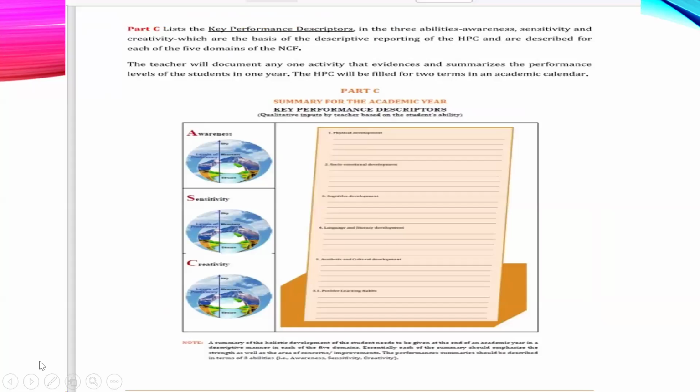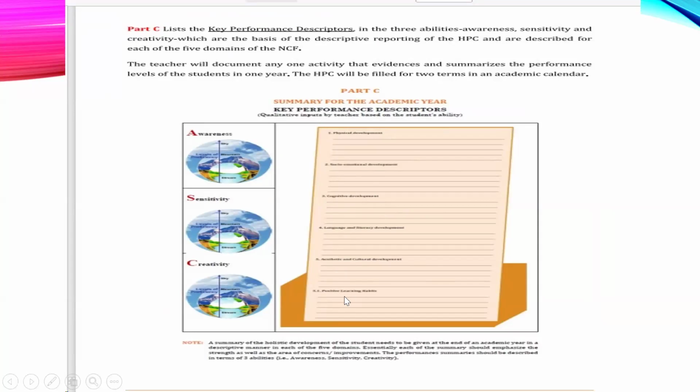Then part C lists the key performance descriptors. This is part C of the report card, the progress card. Here the domains are mentioned: physical, then socio-emotional, then cognitive, language, and aesthetic.